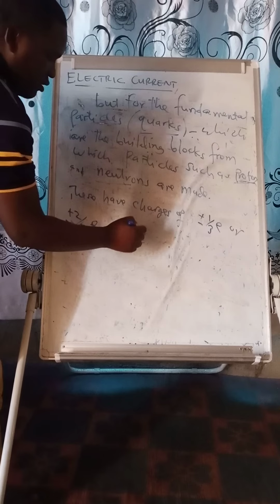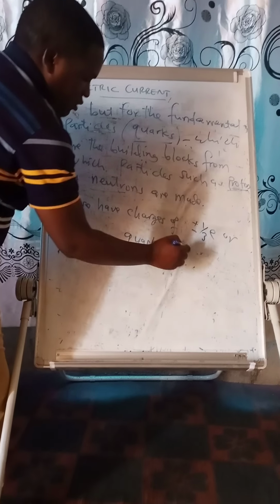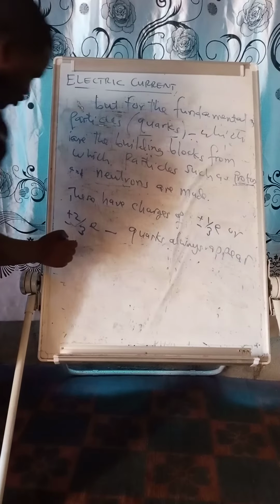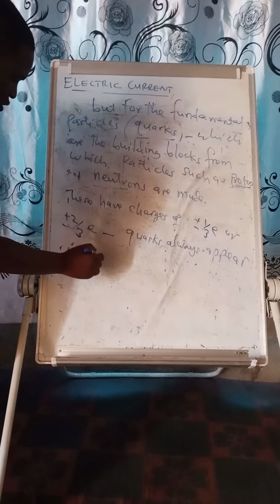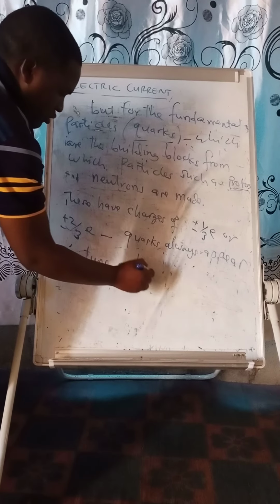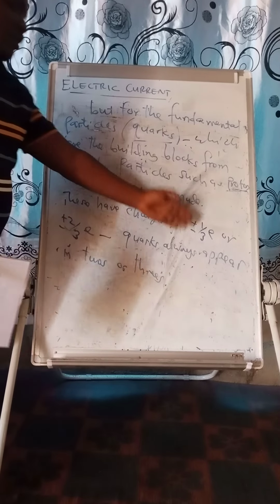Quarks always appear in 2s or 3s, in such a way that their combined charge is 0, or a multiple of e.